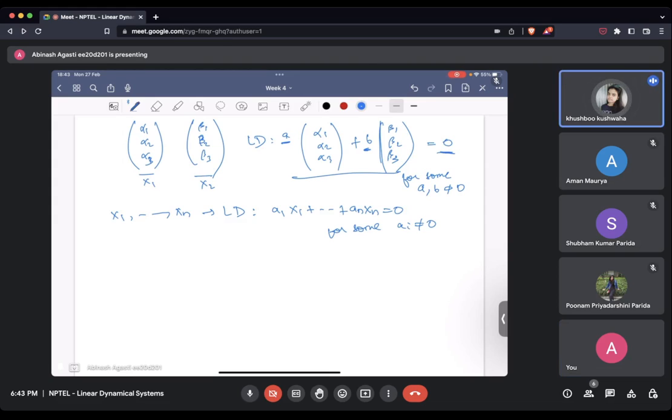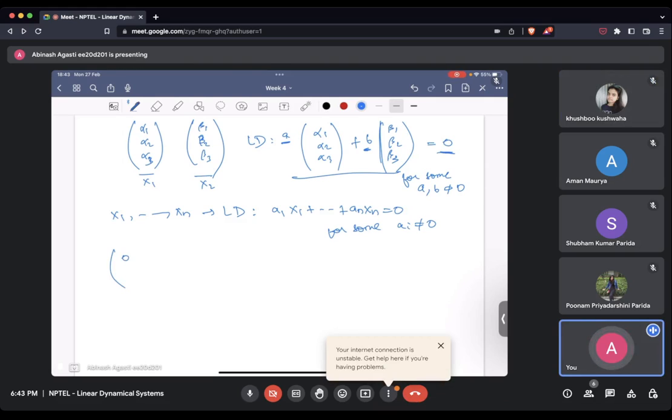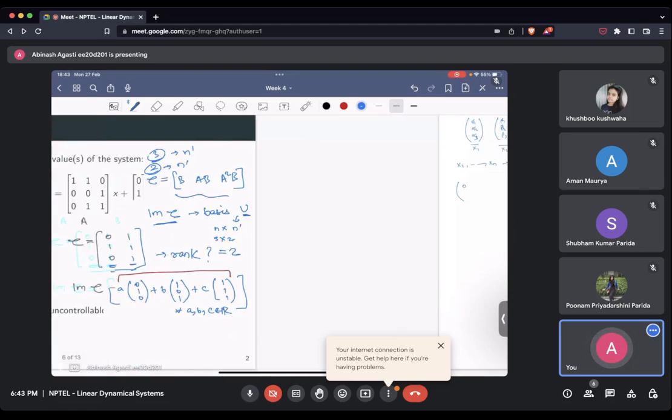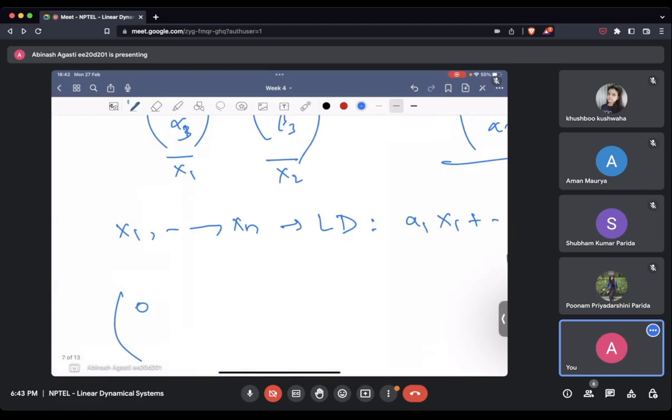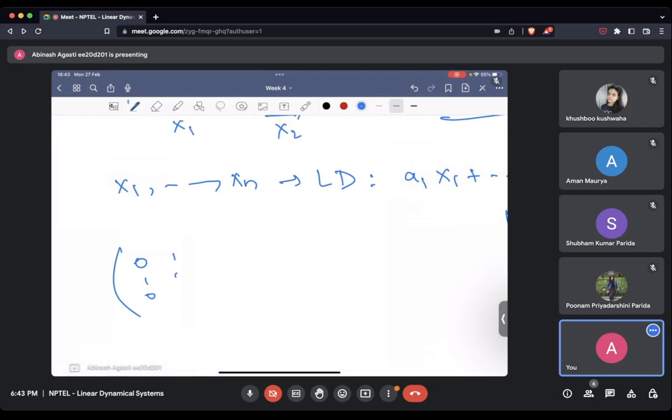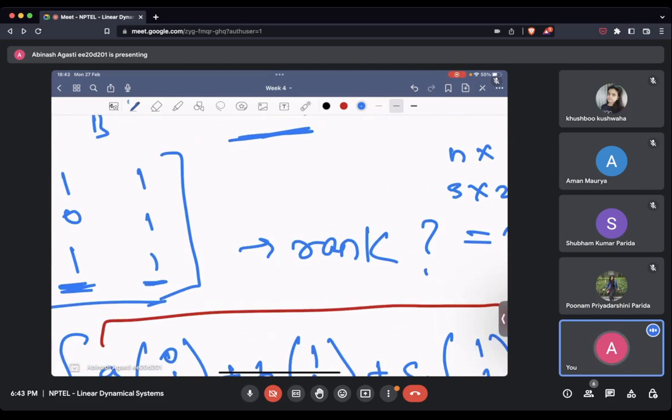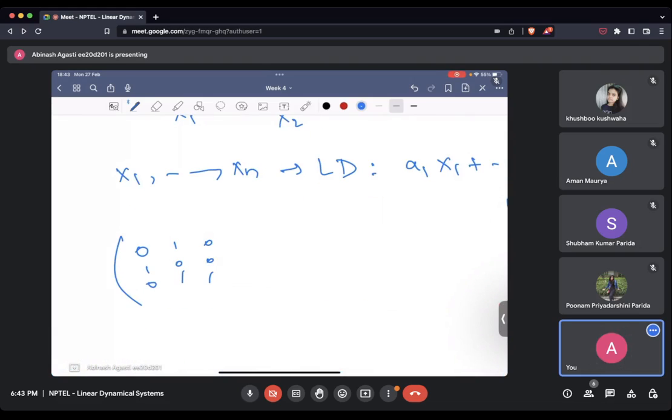Yes, sir. Okay, then let's take some basic examples. Let's take this case itself: 0 1 0, 1 0 1, 1 1 1. Let's say these are x1, x2, x3.